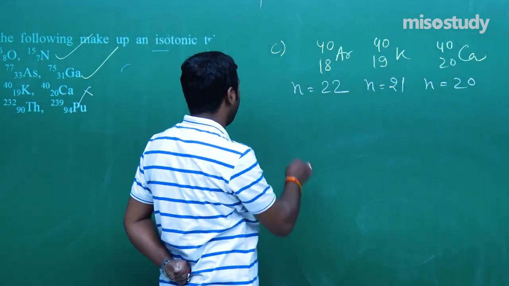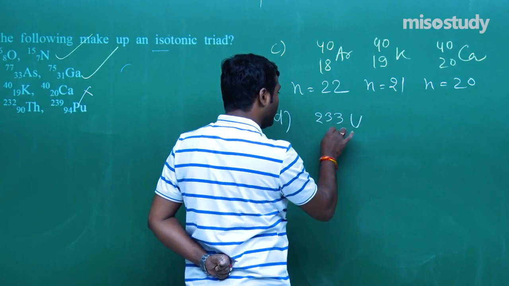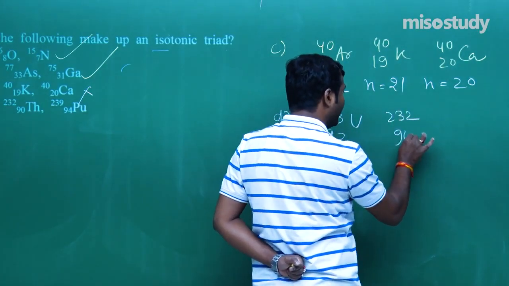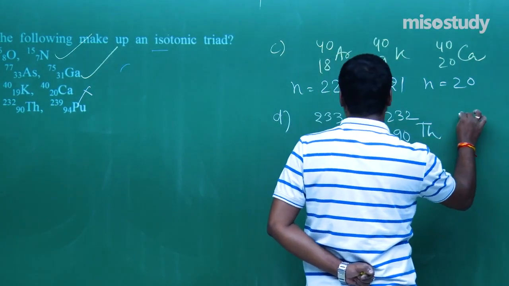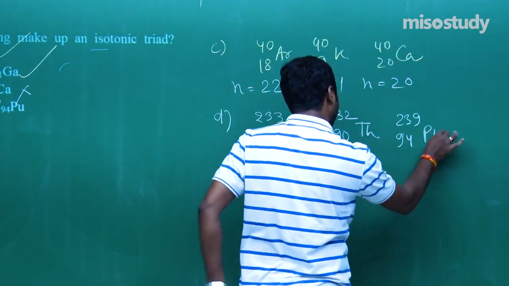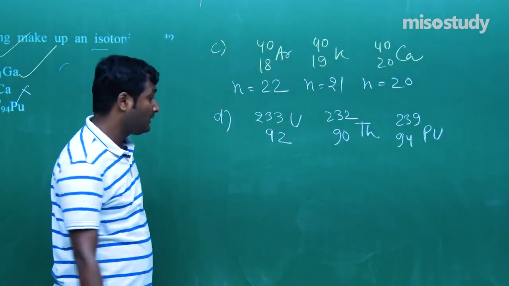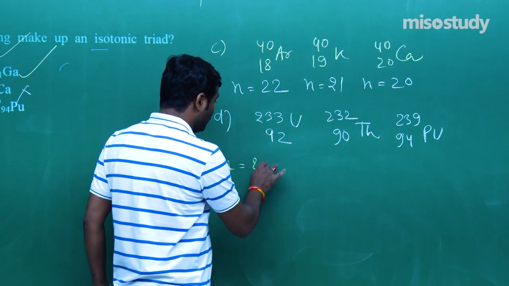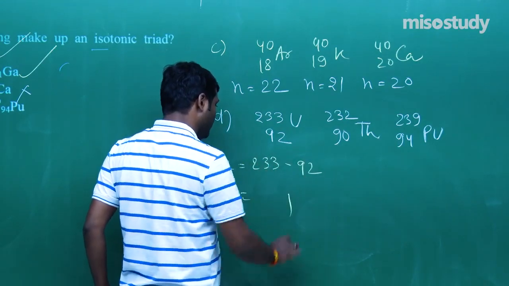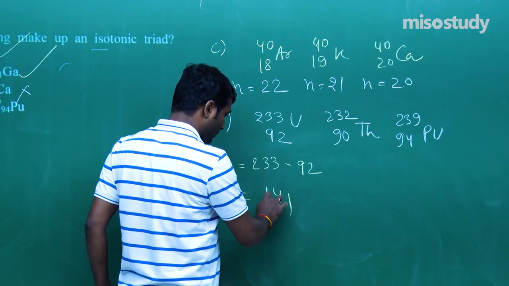Now check option D: uranium-233 with atomic number 92, thorium-232 with atomic number 90, and plutonium-239 with atomic number 94. Now find the number of neutrons. 233 minus 92 is 141.